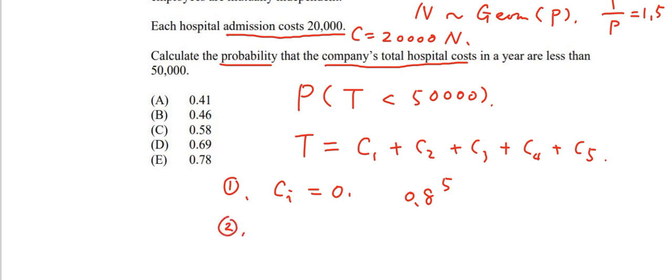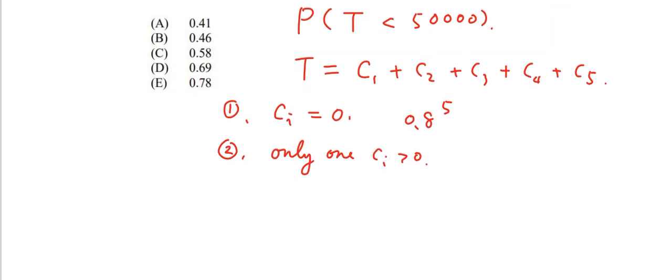Then the second case: only one employee is not equal to 0, and all others are 0. For such probabilities, from 5 we just pick 1, right?